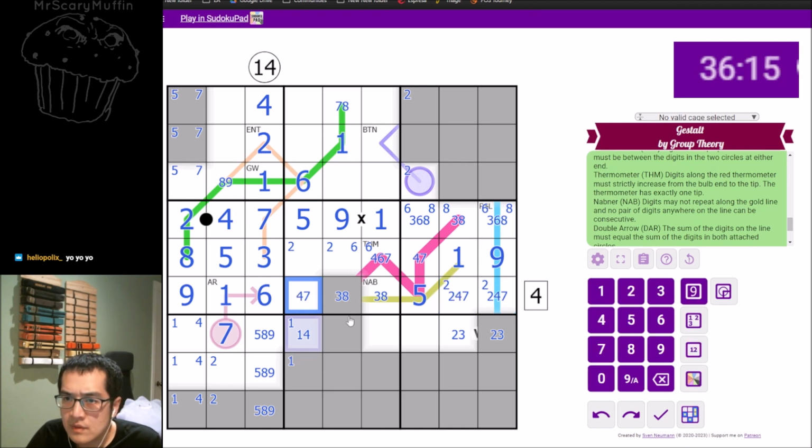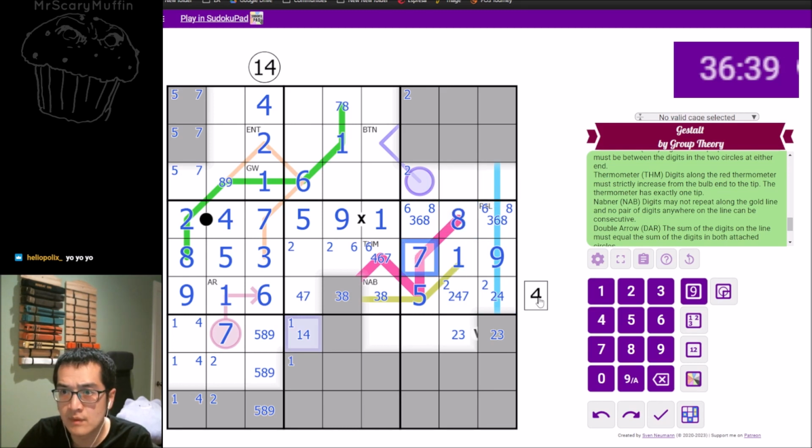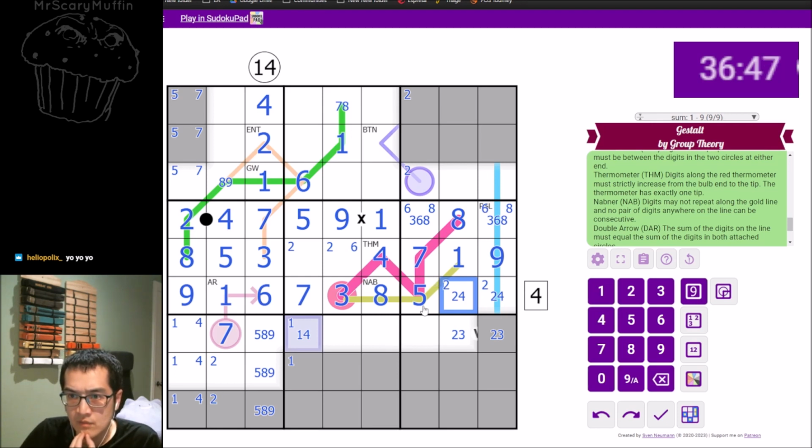This cannot be a 2. 4, 7 back here. 7 can't be in the front here. Oh, this is a tip now. So we got 1, 2, 3, so the 4's gotta go in the front.